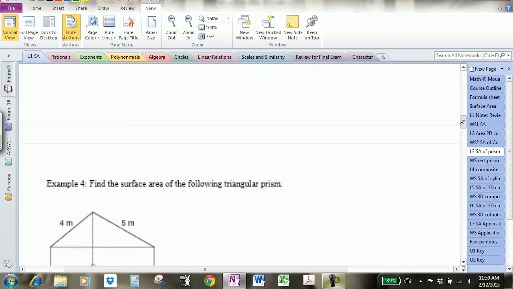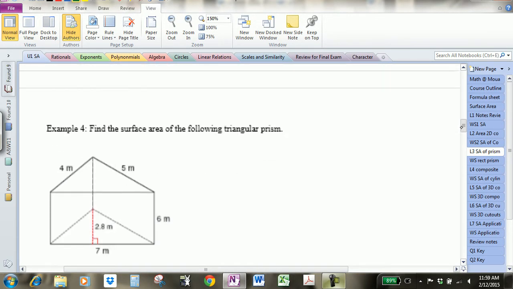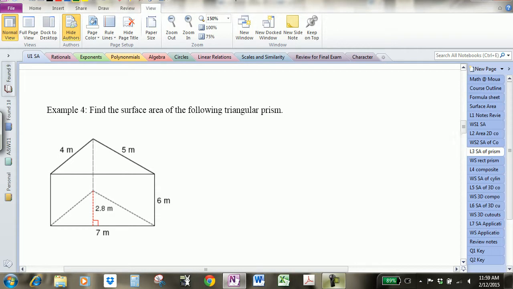Okay, next one. So here's another example. For this one, write down triangle, a triangular prism. So triangles and then rectangles, keep them separate. Always organize your work.